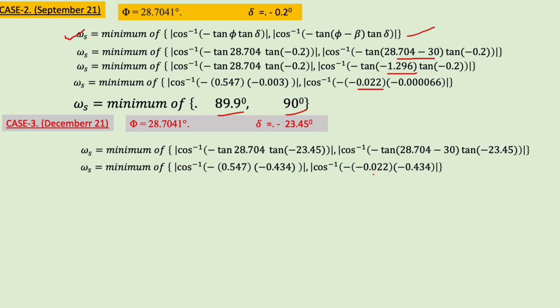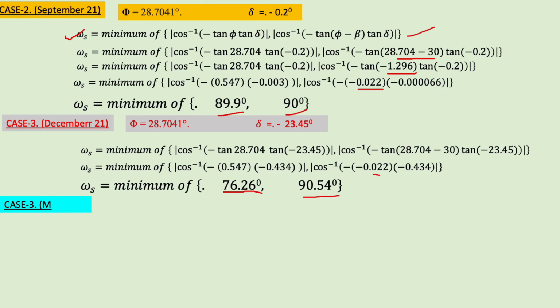The only difference is that in the previous case delta was minus 0.2 degree, but here delta is minus 23.45 degree. Because of that, the value of omega r, if the surface is horizontally placed on the location, is 76.26 degree, and 90.54 degree if it is inclined by 30 degree.